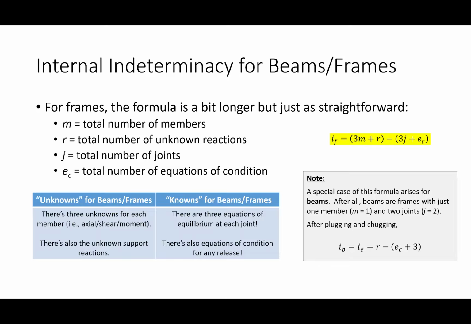So we get r minus 3 minus E sub c, which is r minus E sub c plus 3, right? Well, that's the same thing as this. It's the same quantity. It just happens to work out that way, that the internal indeterminacy of a beam is just the same thing as this I sub e value. It just happens to work that way. Does that make sense? So that's how that derives.